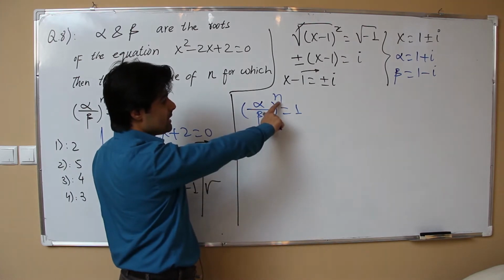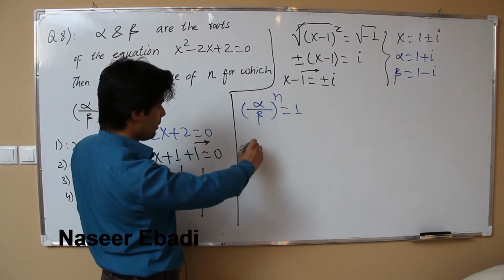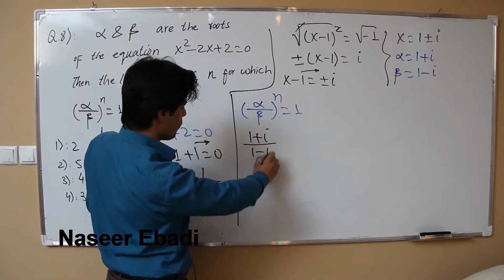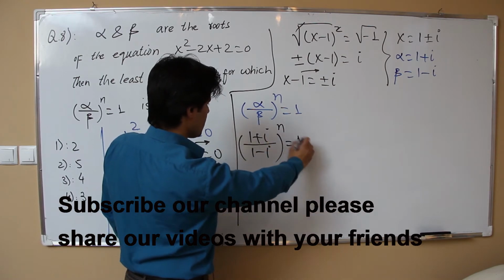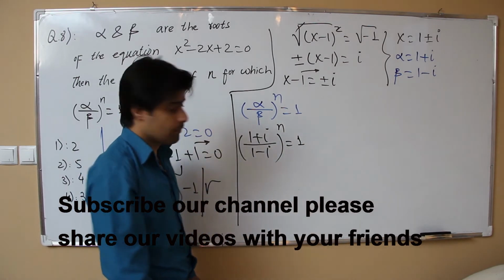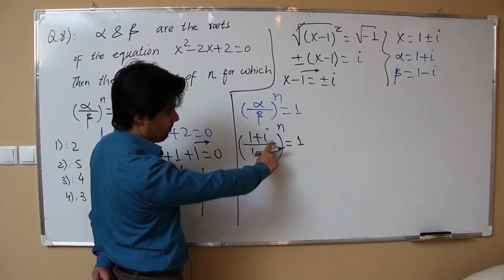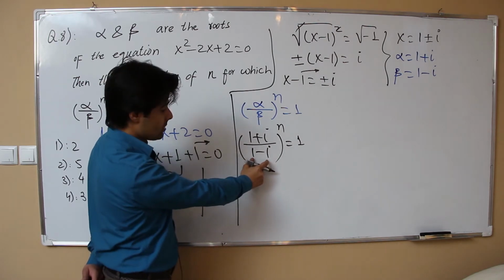Now what is the least number for this n? So I will write instead of alpha 1 plus i, instead of beta 1 minus i, to the power n, it's equal to 1. I will multiply both numerator and denominator with the conjugate of 1 minus i.